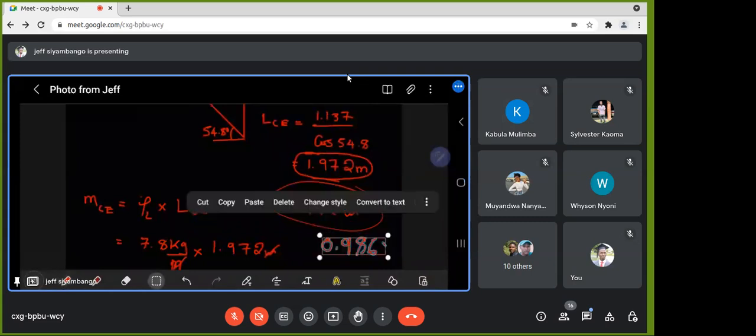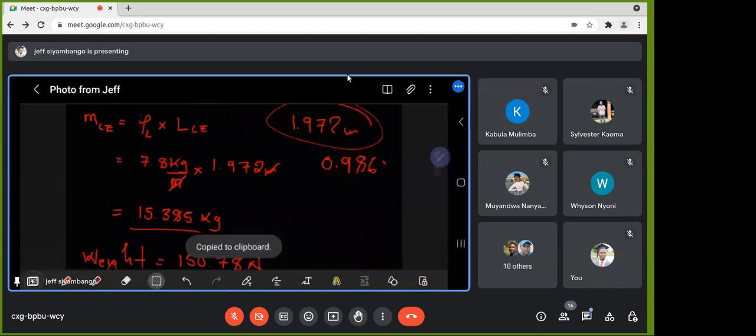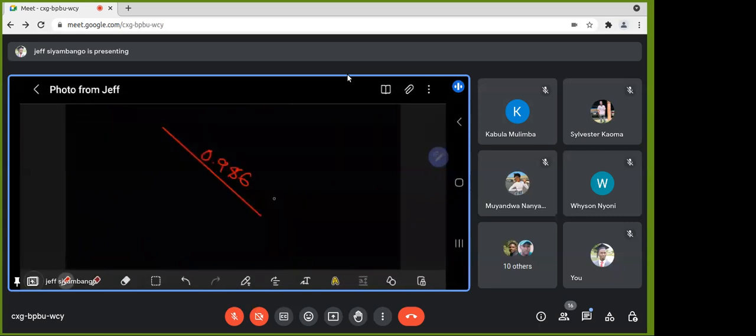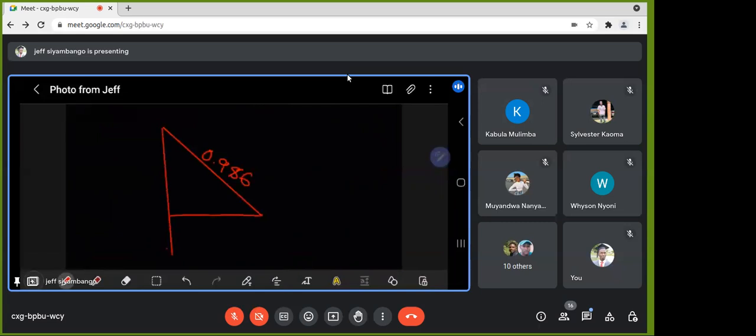If I was to get this now and try to find the distance perpendicular to that force, because what I now have is this distance, 0.986, I want the horizontal one so that it will be perpendicular to my weight here. The angle here is 54.8.